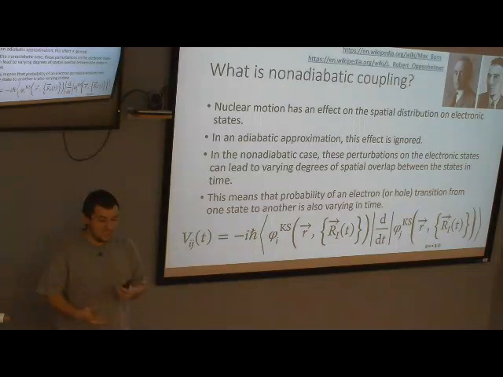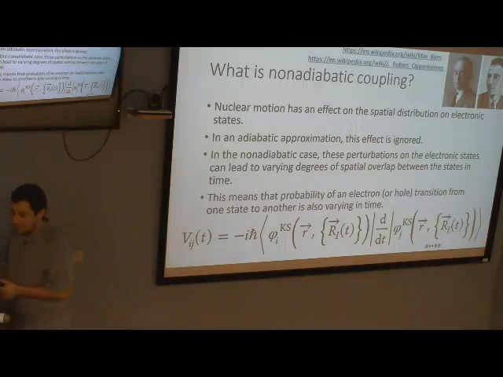This degeneracy is what we refer to as non-adiabatic coupling, or the specific overlap between them. It's trying to say that the probability of finding an electron, or the probability of transitioning of one electron from one state to another, varies with time. That's what non-adiabatic coupling boils down to.